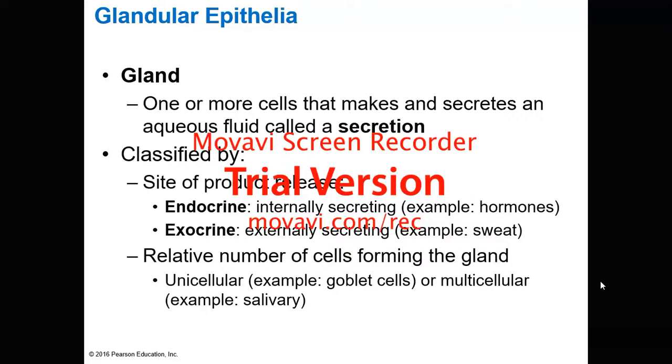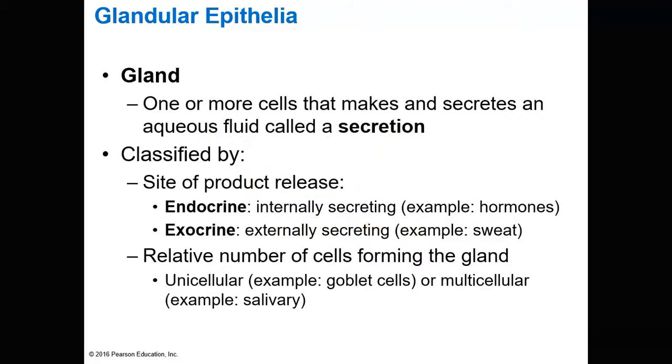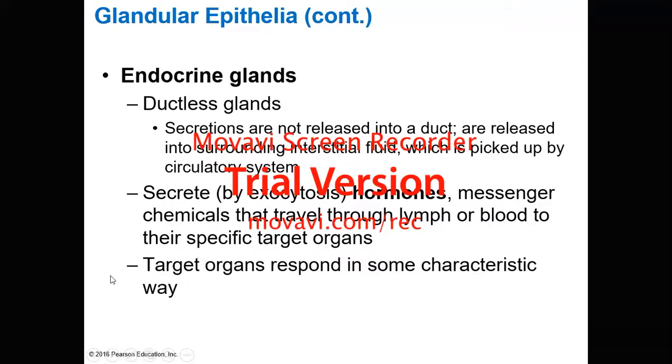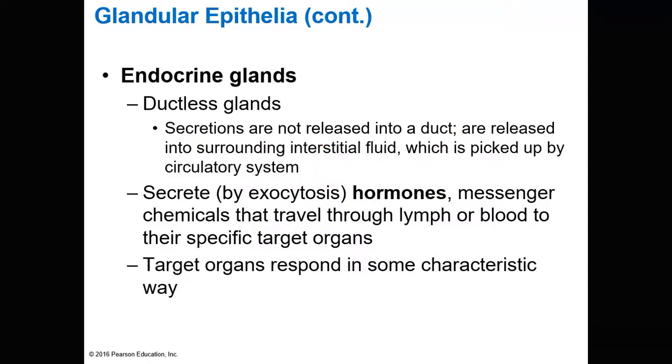Also be aware that exocrine glands have ducts, whereas endocrine glands do not. All right, so endocrine glands are ductless. Secretions are not released into a duct. They're released into the surrounding interstitial fluid, which is picked up by the circulatory system.